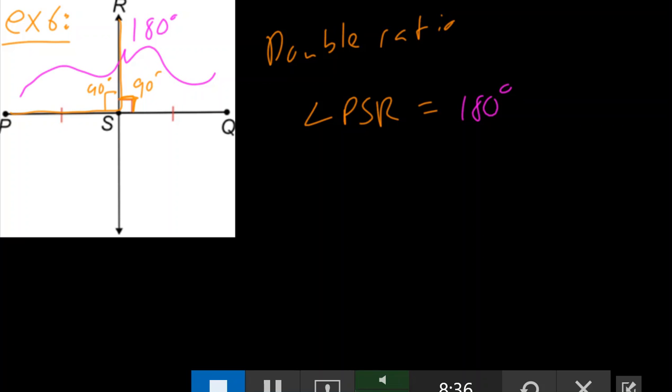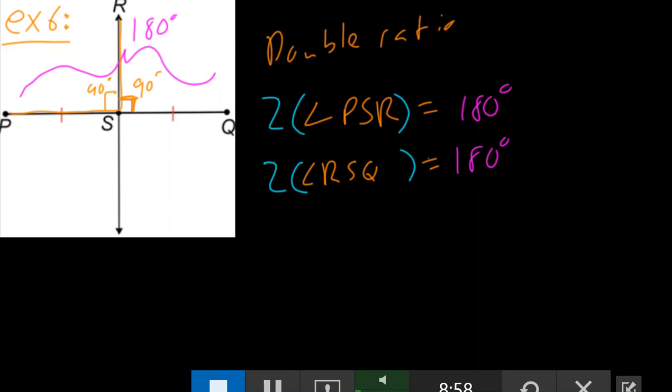And we know that's false, but what can we multiply PSR by? Well, we can multiply PSR by 2. What if I wanted to create one more double ratio? Well, of course, I could do 2 times the other 90-degree angle, angle RSQ. And we know that that as well would equal 180 degrees.